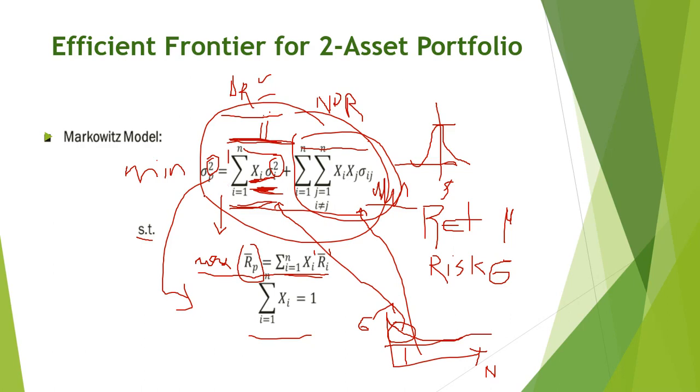The easier way is to minimize a quadratic equation with a linear constraint. This is a linear constraint, this is a linear constraint. So this is easier compared to the other way around. So normally we follow this procedure: we optimize the risk, that is, minimize the risk, which is quadratic in nature, with linear constraints.